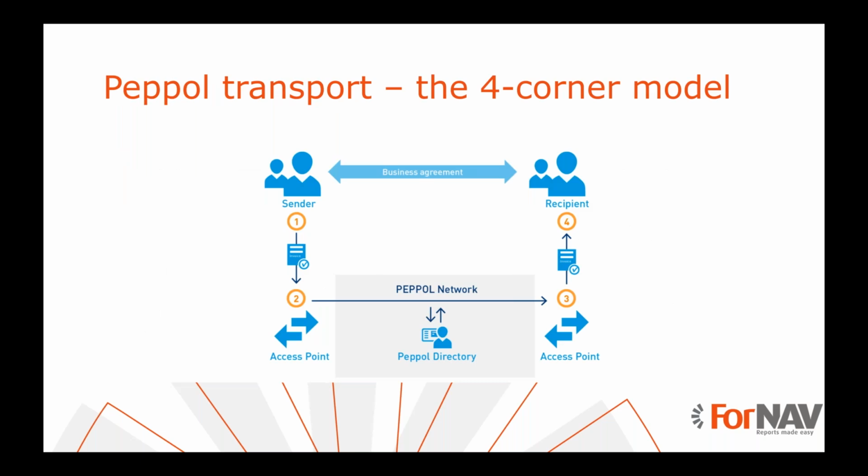When you look at the Peppol transport, you can just think about how an email is sent over the internet. First you need an address book, just like you have in Outlook. In this case, it's a central address book which is guarded by Peppol, and you need to be certified, so you cannot put spam into this.